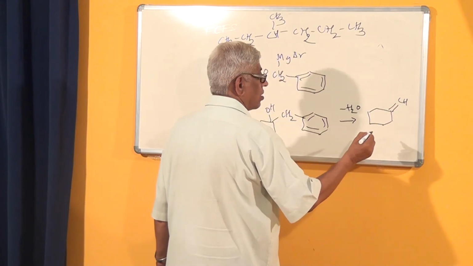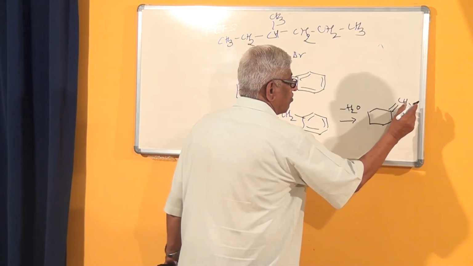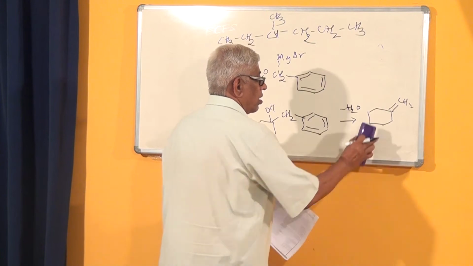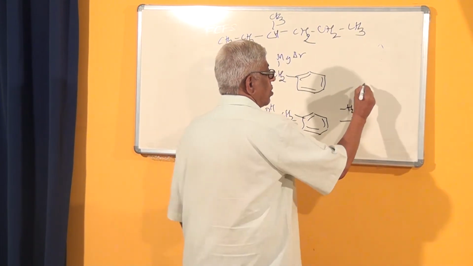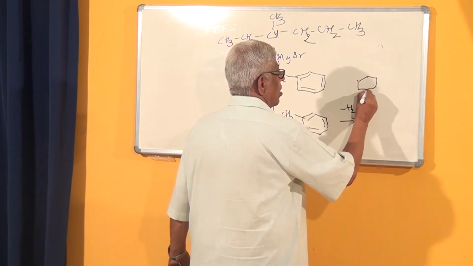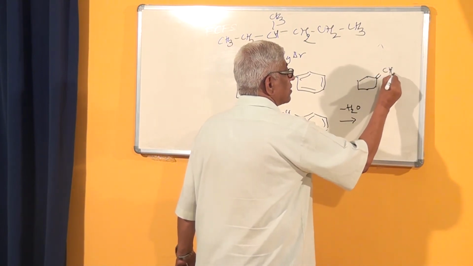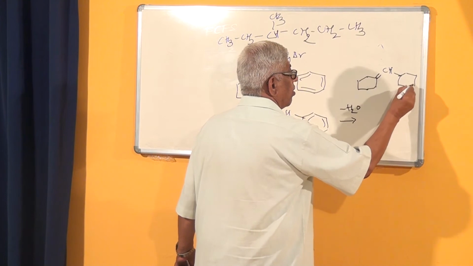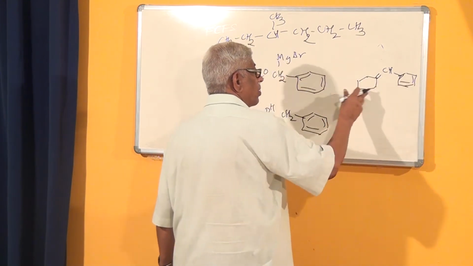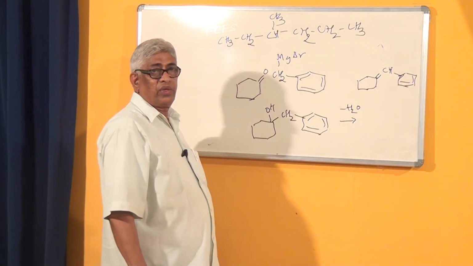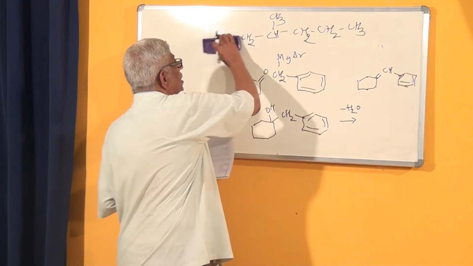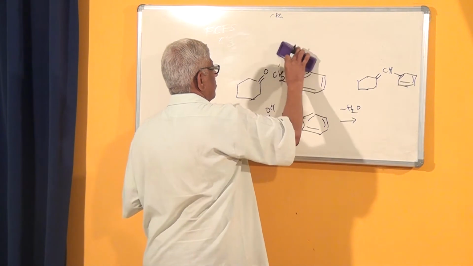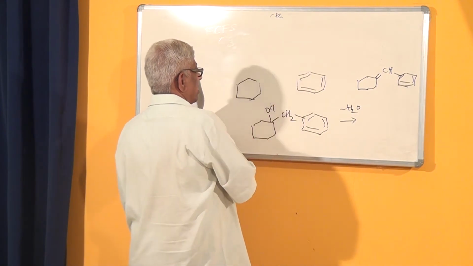cyclohexylidene, and here you have the phenyl group, CH phenyl. Once you have built up the carbon skeleton, you can do a functional group transformation here and you end up with benzyl cyclohexane.